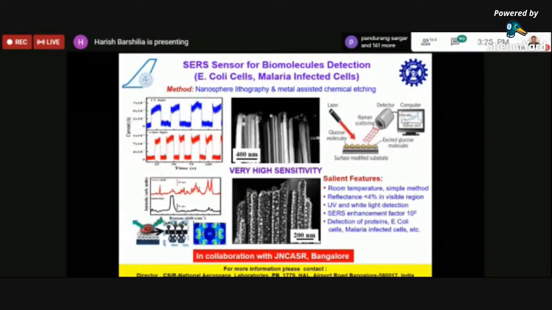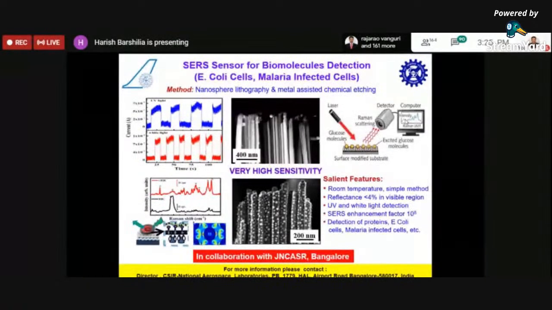They use the principle of SERS, surface enhanced Raman spectroscopy, which is based on the Raman effect.